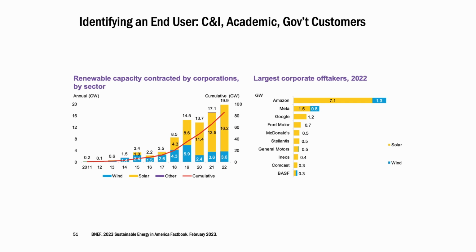To give you a sense of scale and the significance of these non-utility buyers, non-utility customers executed PPAs with wind and solar projects totaling about 20 gigawatts in 2022. The total wind and solar capacity brought online in 2022 was 19 gigawatts. So really, really significant sources of demand.